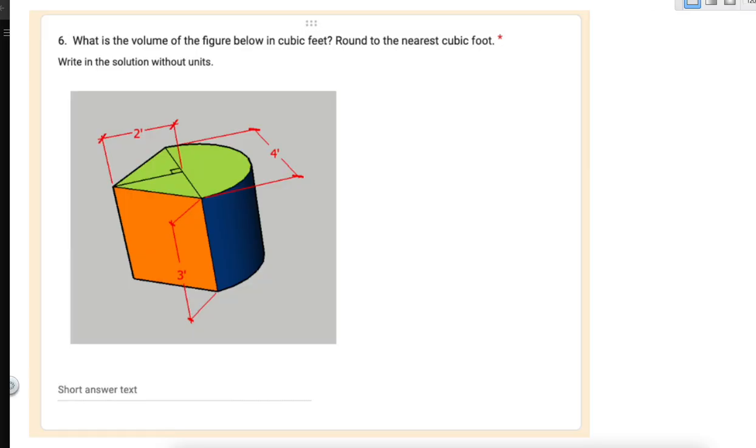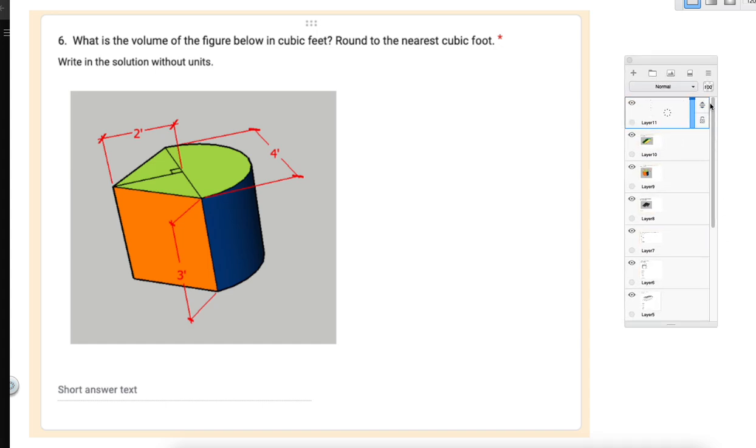It looks like we have half a circle right there, and we have a triangle. We have the footprint of this half circle, the footprint of this triangle, and then the height is 3.